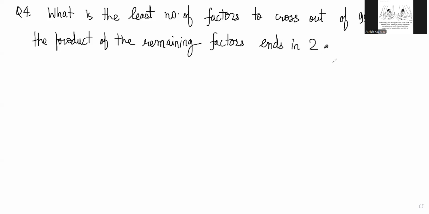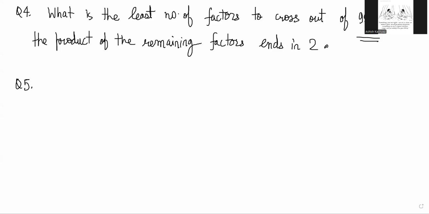Tell me if you understand the question. See, 99 factorial has a lot of numbers in product form, right? What is the lowest number of them that you can remove? You have to cross them out.